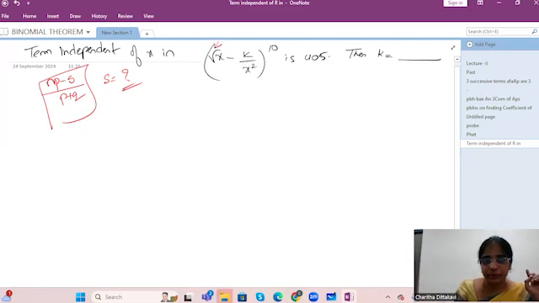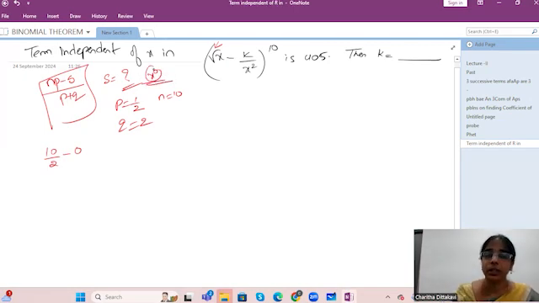The first one, that is p is your root x, in the sense x to the power 1 by 2. q is x square, that is 2, right? So now you just carefully put in there, n equal to 10 is already given for you. np minus s, so 10 by 2 minus s, that is 0.